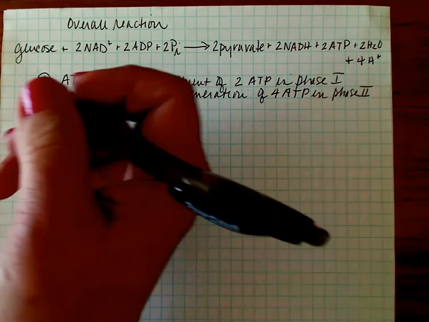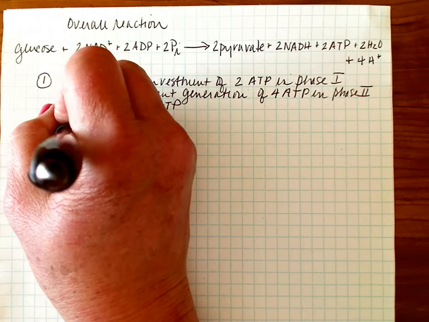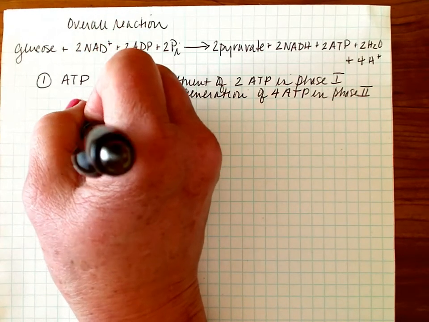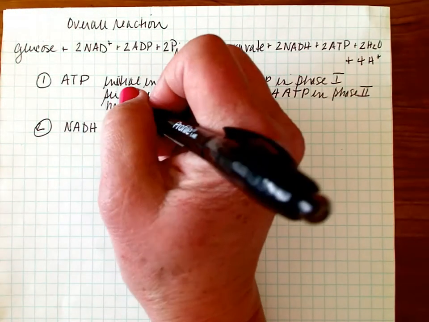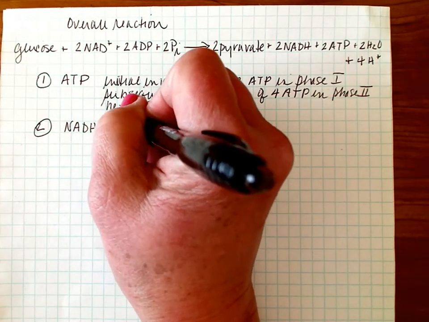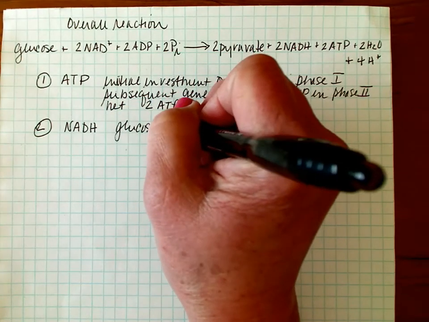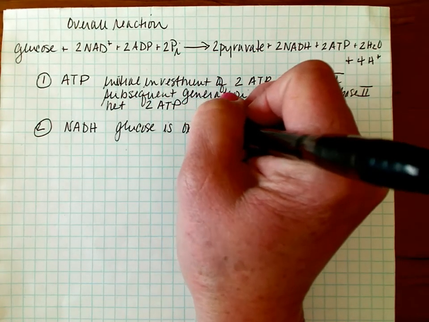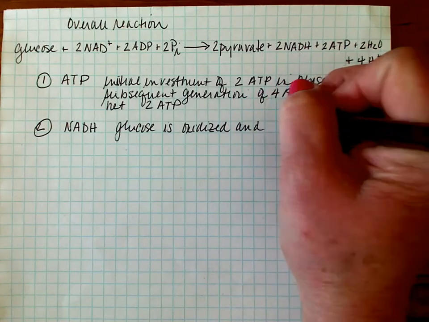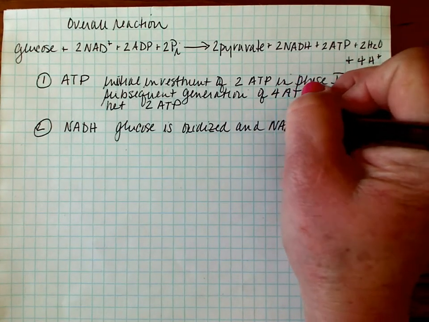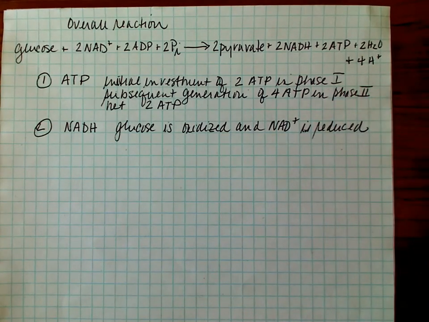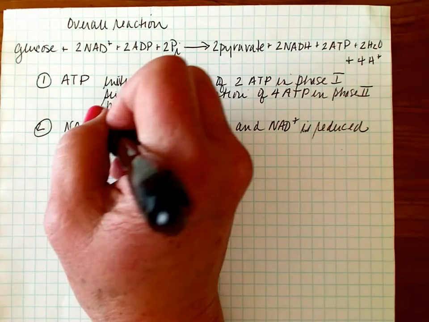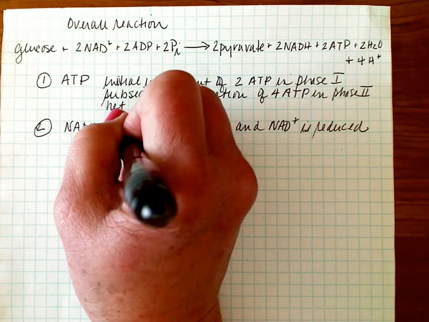The second high energy molecule or energy related molecule that's produced is NADH. Glucose is oxidized and NAD plus is reduced. Remember, oxidation and reduction are coupled processes, and it's reduced to, of course, NADH.